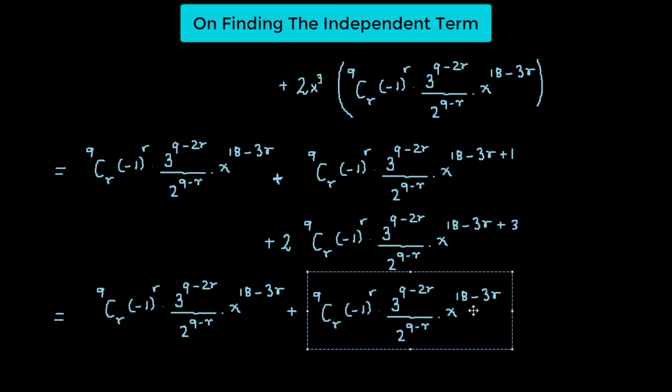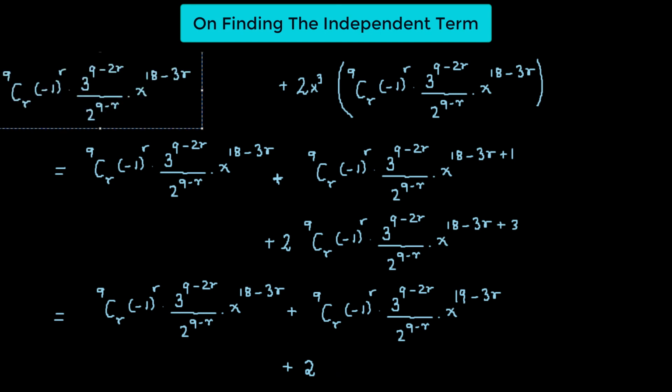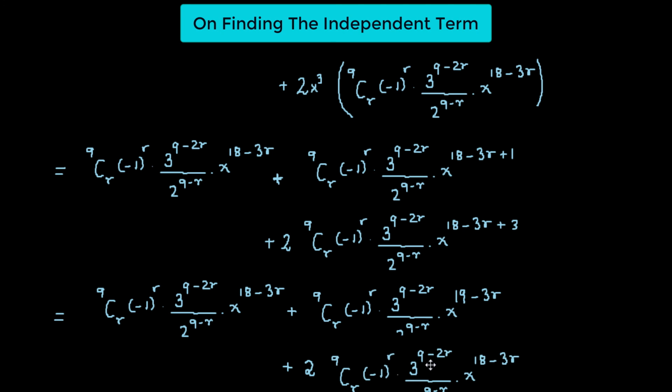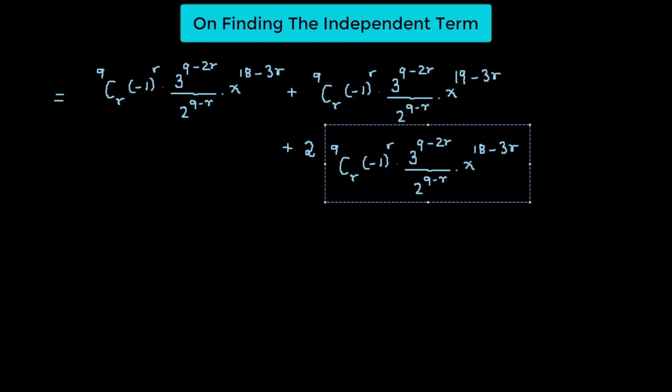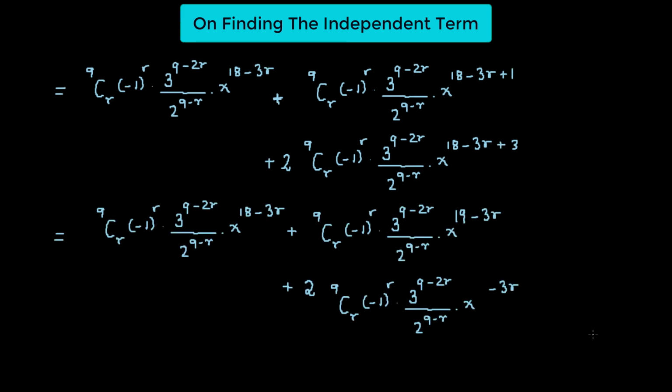So this will be 19 minus thrice of r, and the final term will be 2 times, so it will be 2 times, oops, let me fix this too. So we have 18 plus 3, that will be 21 minus 2r. So this is what we have got.